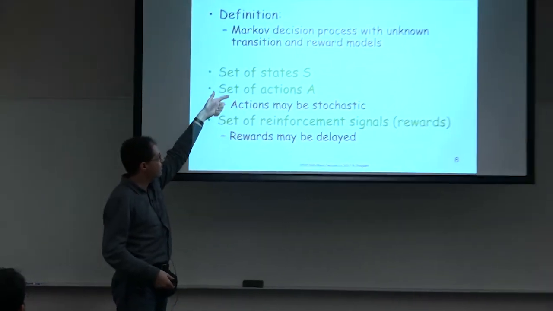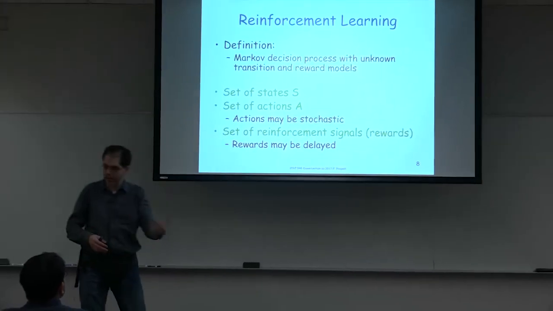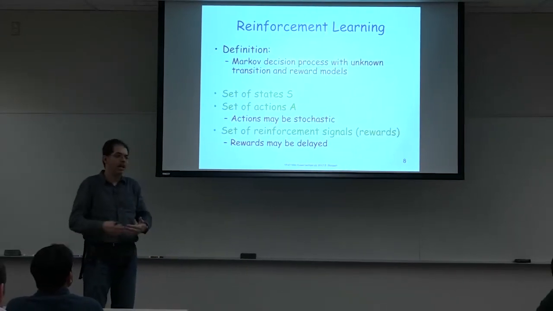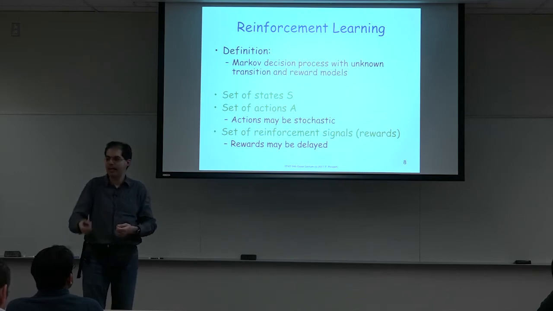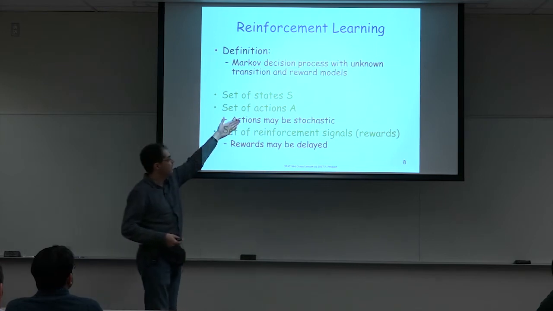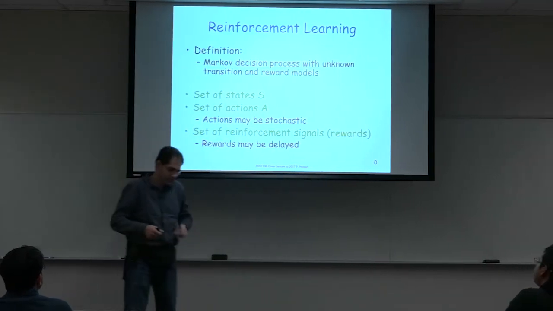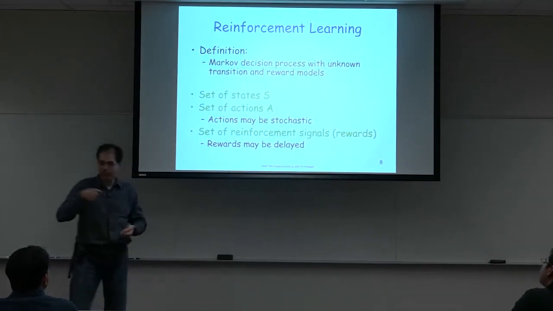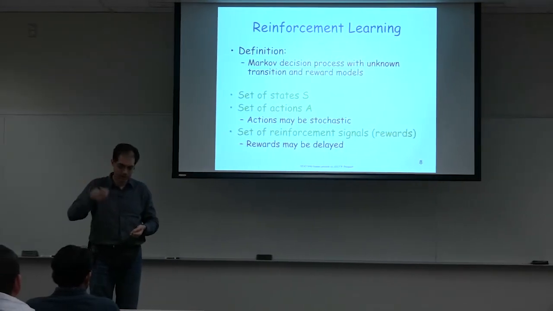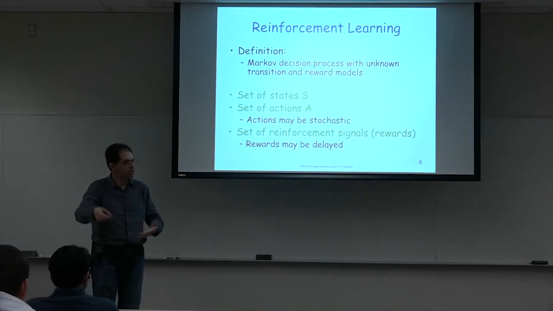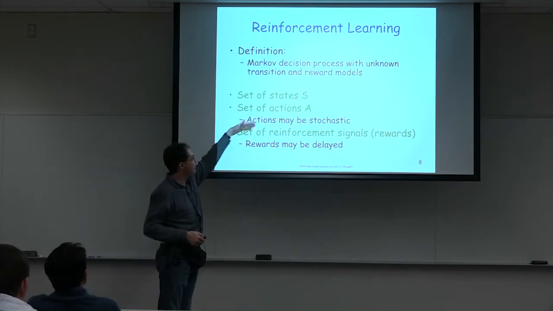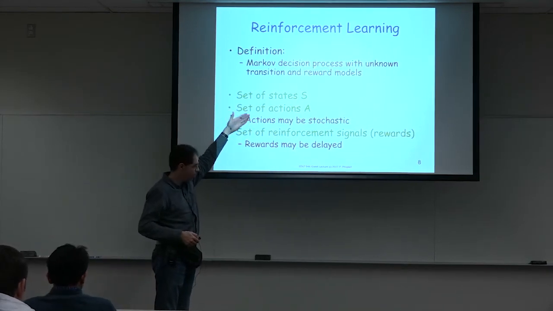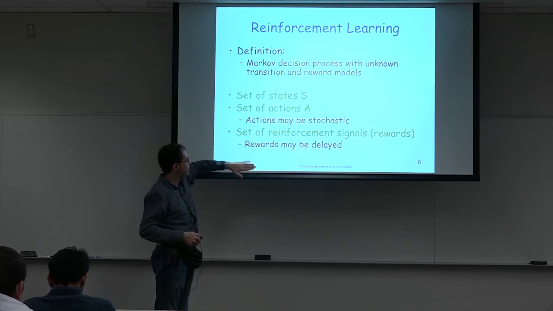There's going to be a set of actions. Again, these could be discrete or continuous. And furthermore, we could allow the agent to select actions in a stochastic fashion, so that when it makes a choice, it's essentially randomizing by perhaps using a dice or some other random number generator. Okay, so we can have actions that are selected in a stochastic fashion.